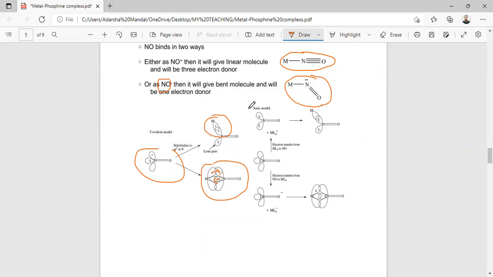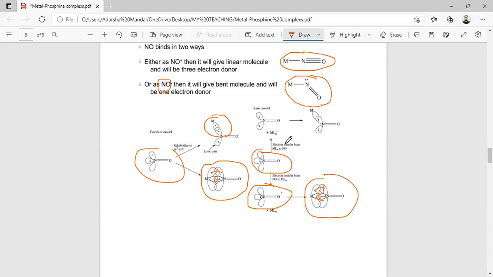And in the ionic model, when it is in the linear fashion, electron transfer happens from NO to the M-N bond, and this is NO+. Then NO+ donates the electron to the vacant d orbital of the metal, and it extracts the electron from the filled d orbital of the metal center.